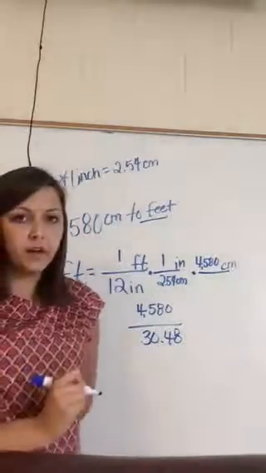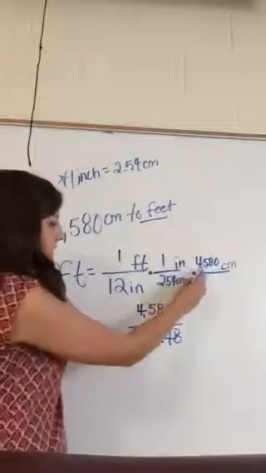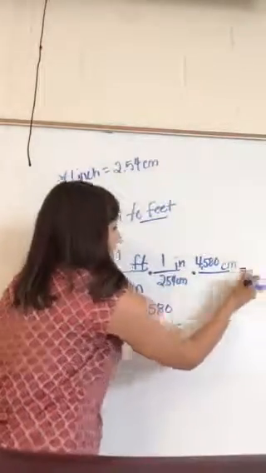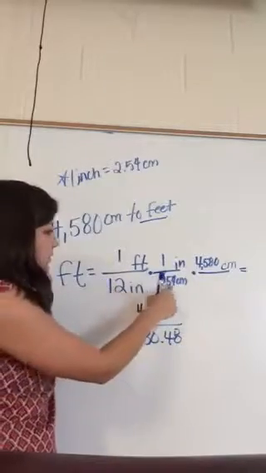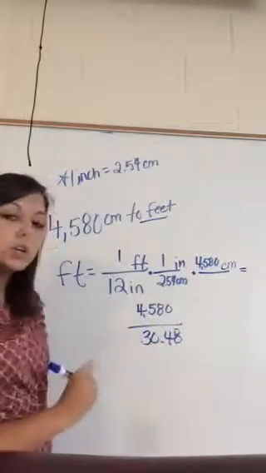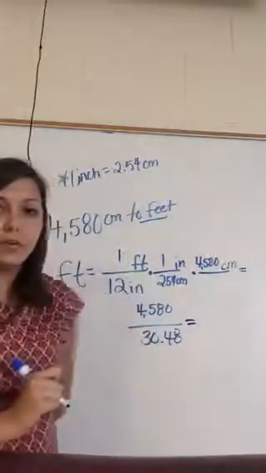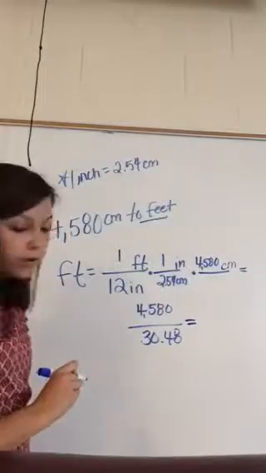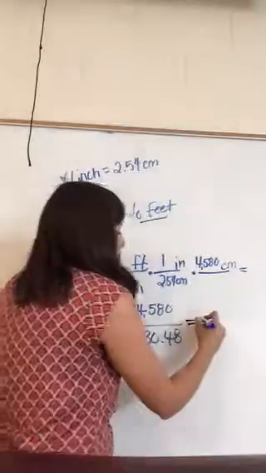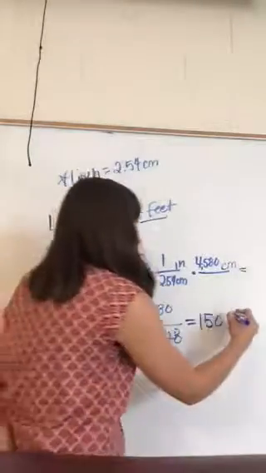So if you missed where we got that, 1 times 4,580 is 4,580, and 12 times 2.54 is 30.48. Now we have a division problem. 4,580 divided by 30.48 gives you about 150.3 with rounding.